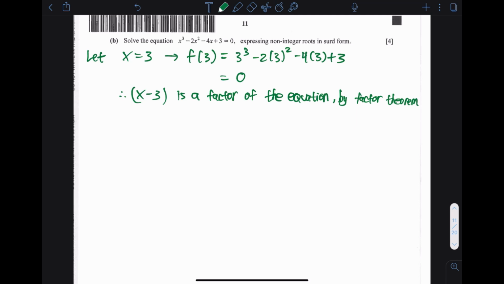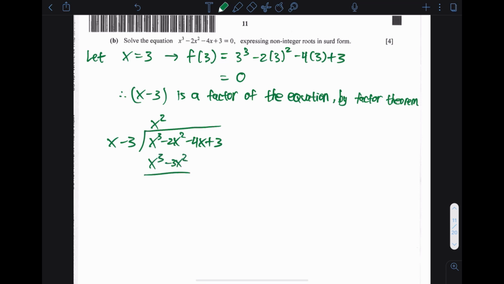Now, to find out the rest of them, you can do a long division or the comparison method. Let's just do a long division here. We have x cubed minus 2x squared minus 4x plus 3 divided by x minus 3. Put an x squared gives us x cubed minus 3x squared. Then you'll get negative 2 minus negative 3, so you get positive x squared.